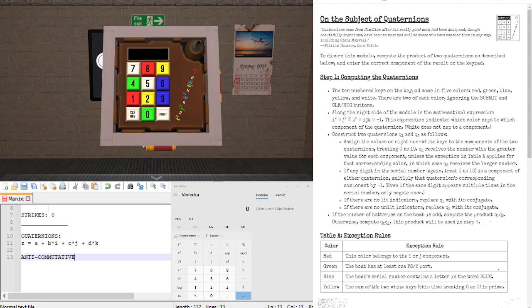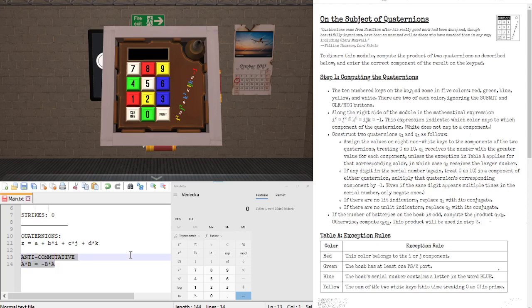What this means is that if we have a times b, then in real numbers it would be b times a, which would mean it's commutative. But anti-commutativity means that if we swap those two factors, we have to multiply by -1 to get the answer. So a times b is actually minus b times a for quaternions.